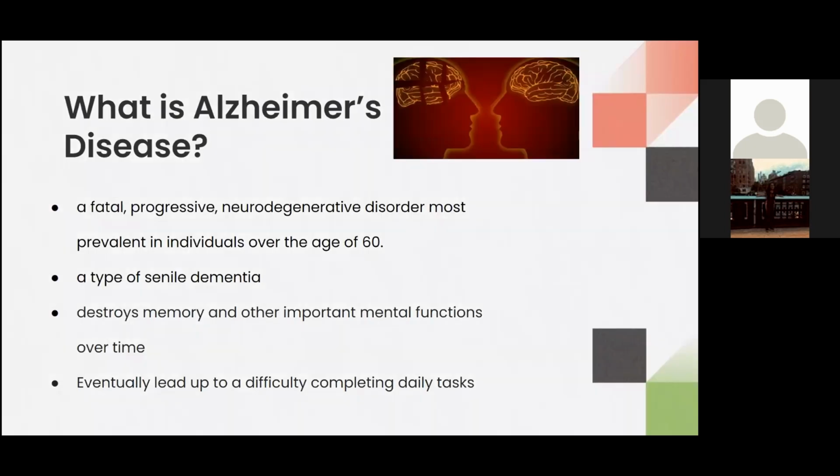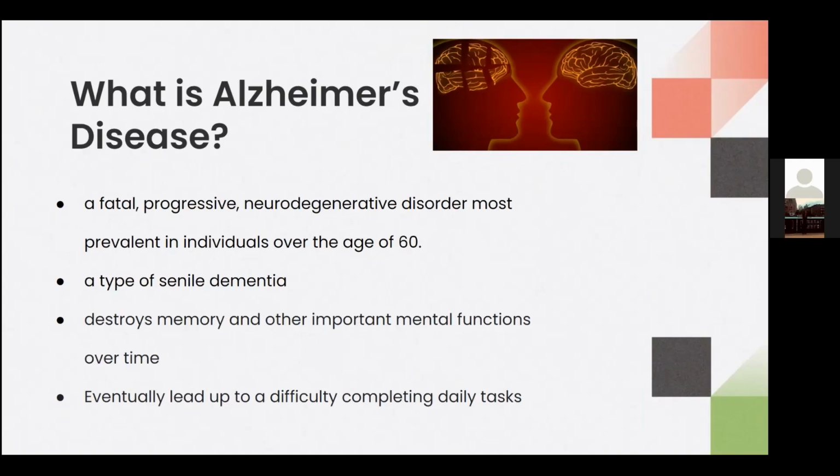Okay, so let's do a basic introduction into Alzheimer's. Alzheimer's is a progressive neurodegenerative illness common in elderly people. That means that the disease has many different stages and it is a condition that worsens over time. As you can see on the slide here, it's a type of senile dementia.